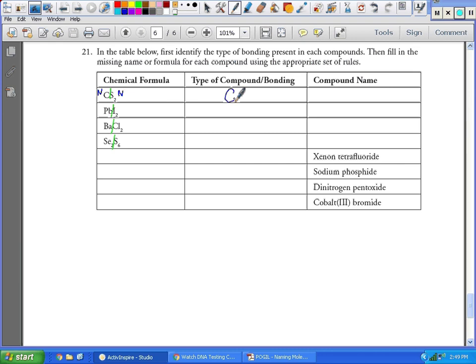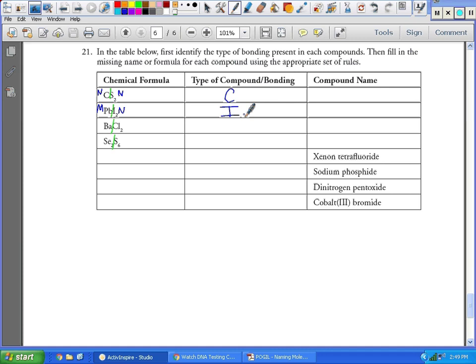Okay. So let me start asking questions. Lead, is it a metal or a non-metal? It's a metal. Iodine, metal or non-metal? It's a non-metal. So when you have a metal and a non-metal, what type of bond is that? Ionic. Very good. Barium, metal or non-metal? It's in group 2. Okay. What about chlorine?